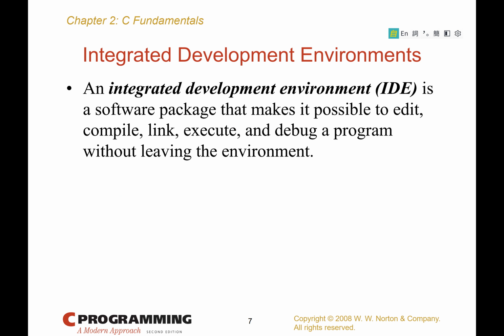This is not important in this class because we are not using Unix or Linux. We're using Windows. The purpose of this course is to learn C, not to learn different kinds of operating systems.